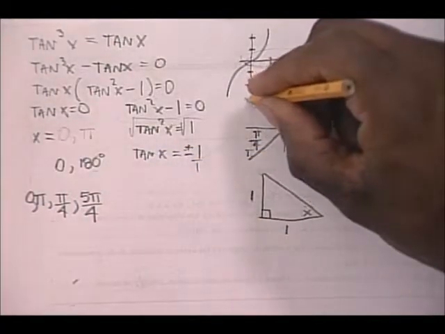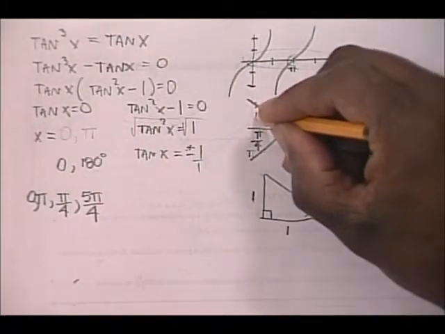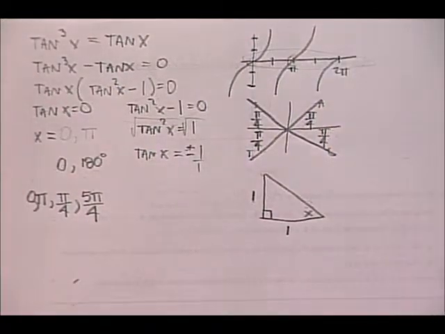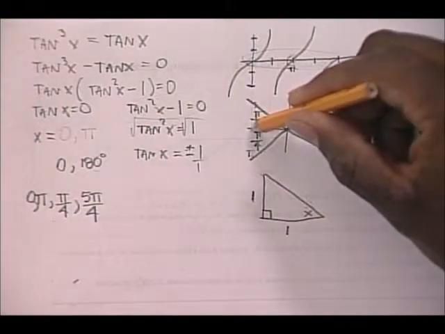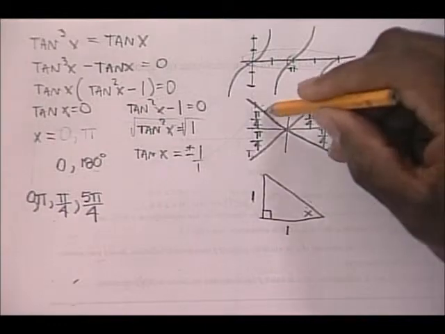And tangent is negative in the second and fourth quadrants. So you put a pi over 4 here, pi over 4 here, and you'd get 2 additional solutions. So here, this is 4 pi over 4, but that's our answer. This is our answer, this angle right here.